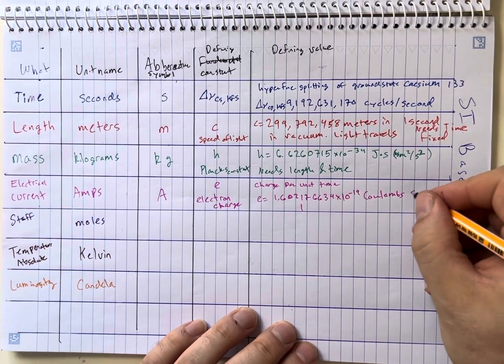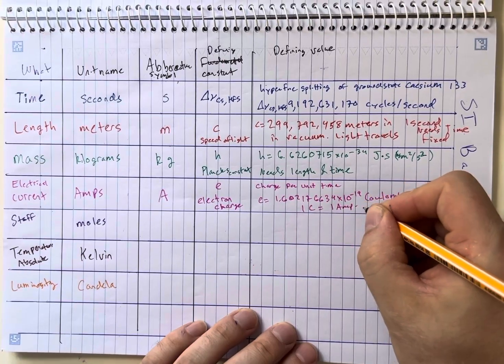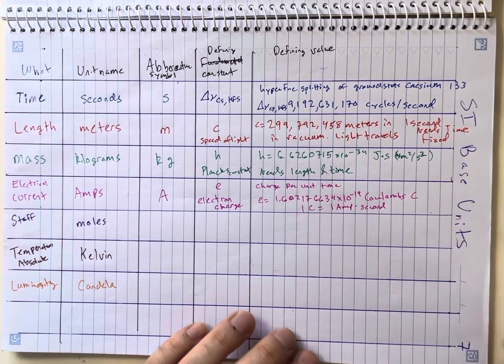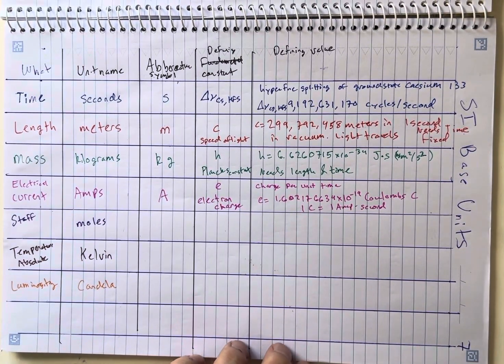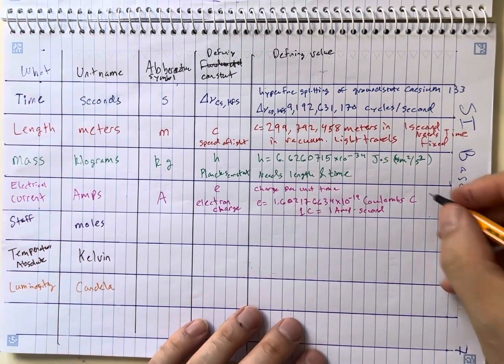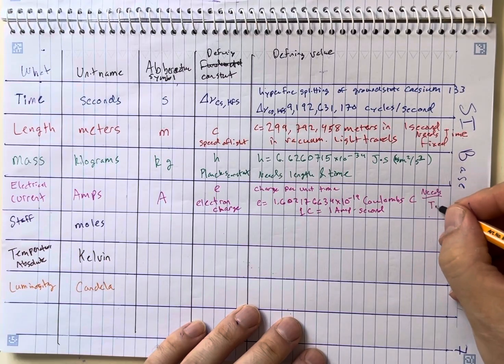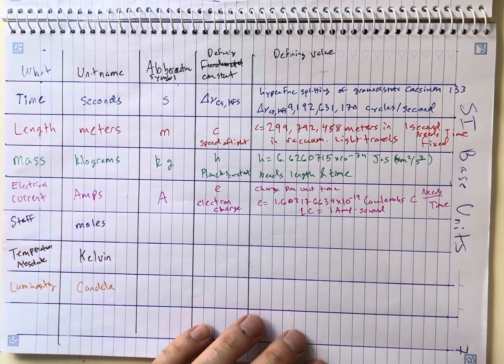One coulomb is equal to 1 amp second. So it needs time.